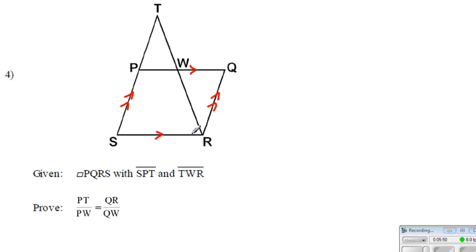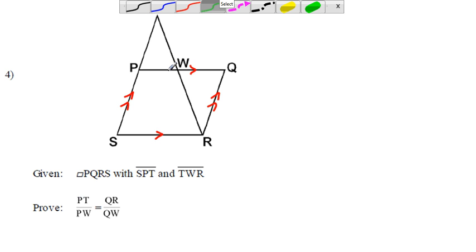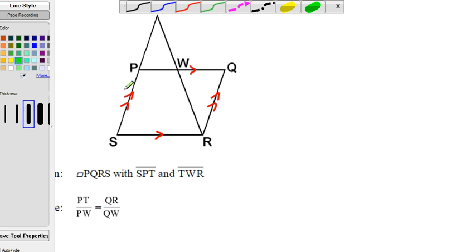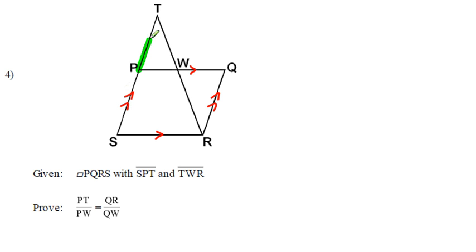Now, the fact that we are looking for PT. PT means we are looking at this side. PT right over there has to be corresponding to PW.